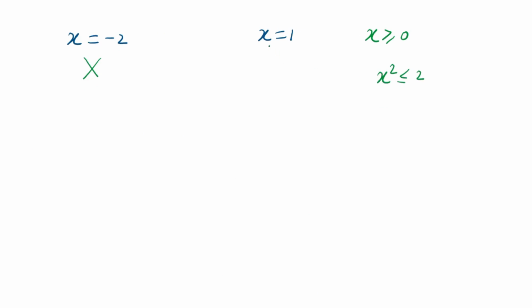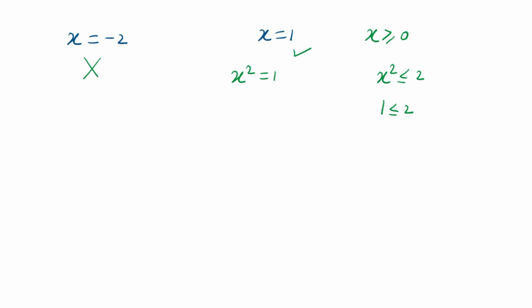Look carefully, first condition is satisfied because x is equals to 1 here. Now value of x square is also 1, and if we substitute x square here, 1 is less than equals to 2, it means here second condition is also satisfied. So x is equals to 1 is a solution of this equation.